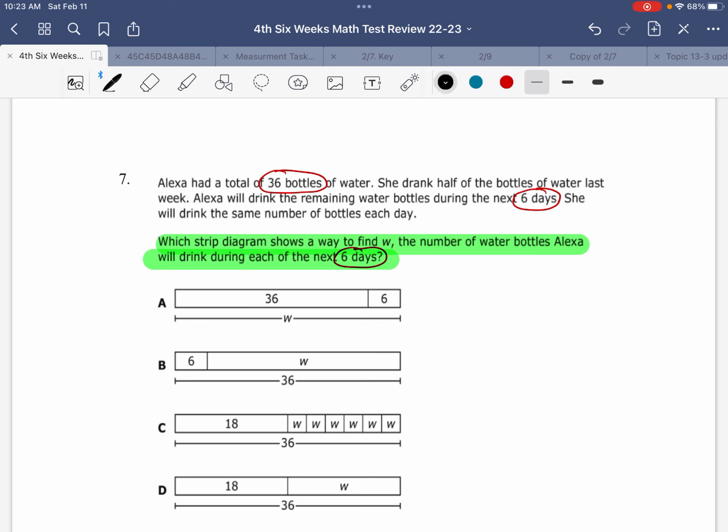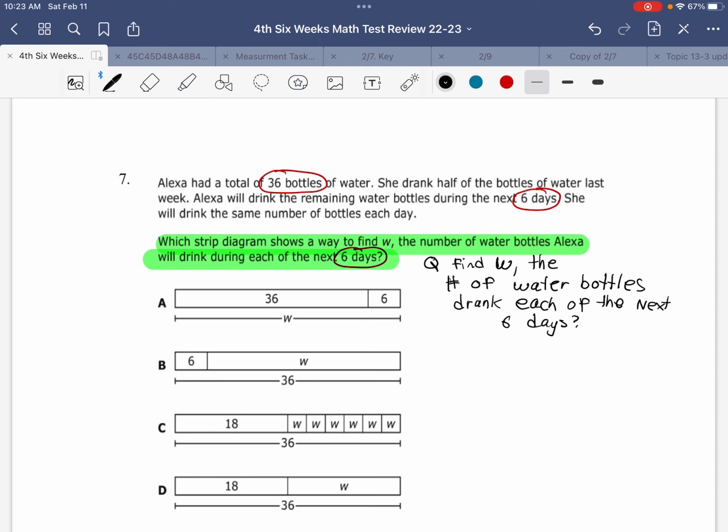Okay, so I'm going to rewrite my question. So we're just looking for, to find W, the number of water bottles drank each of the next 6 days.